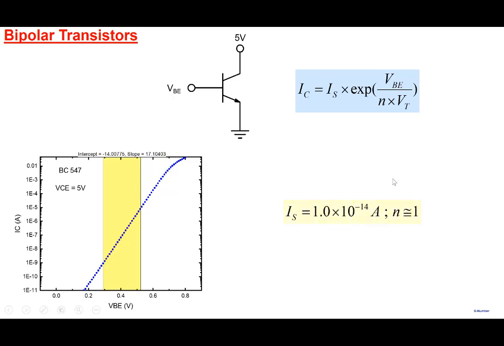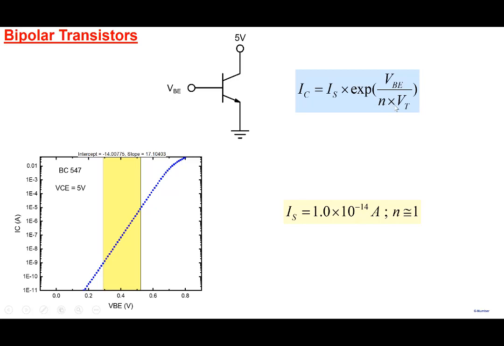And the ideality factor that we measure for this is very close to 1. In fact, from theory, we can say it is equal to 1. So what you can do is use it to measure temperature. Note that the reason I've written approximately equal to 1 is that I didn't know the temperature in the lab and of the device when this characteristic was measured.